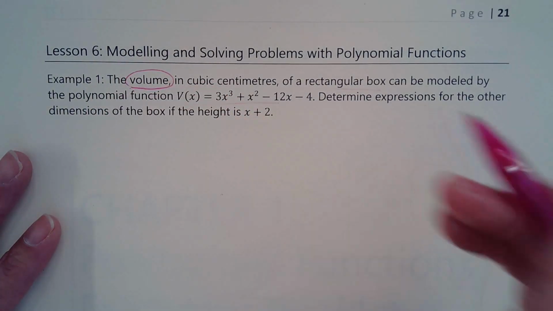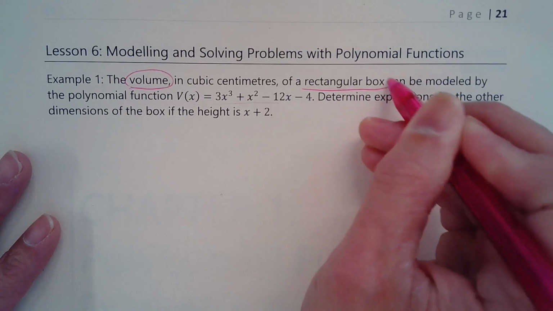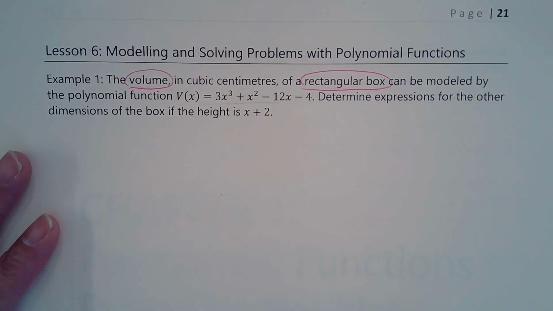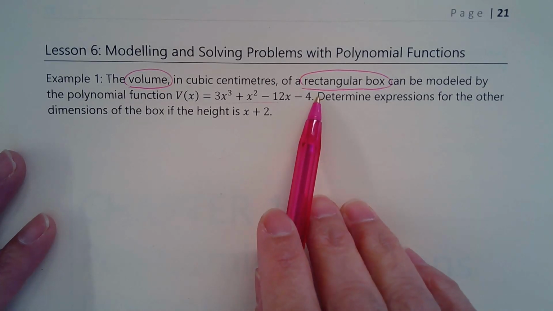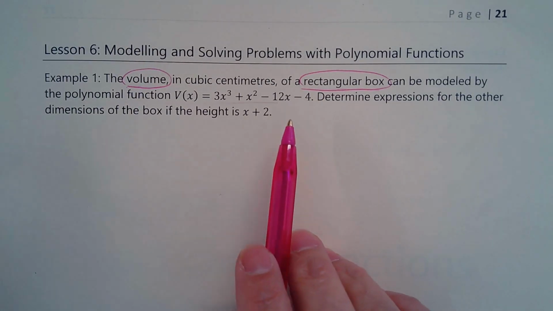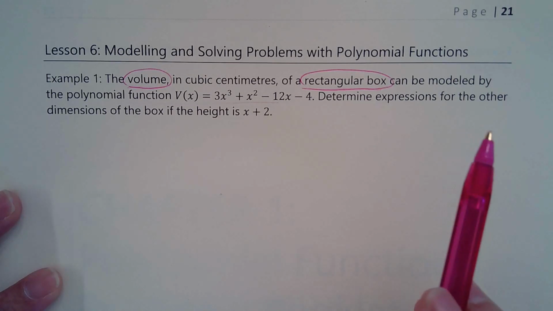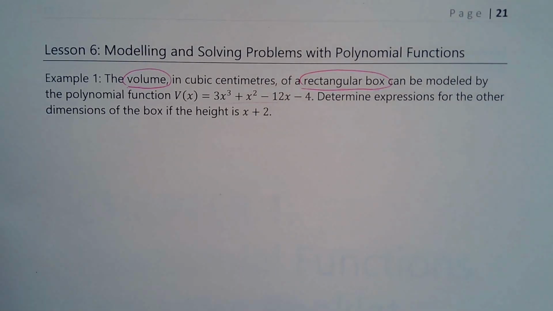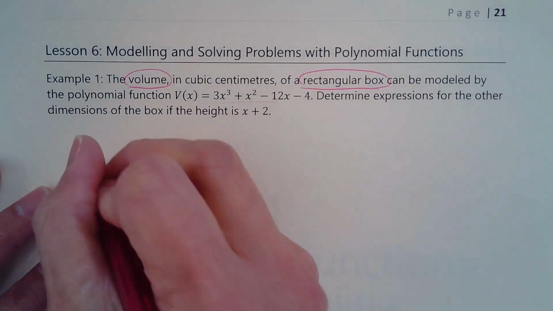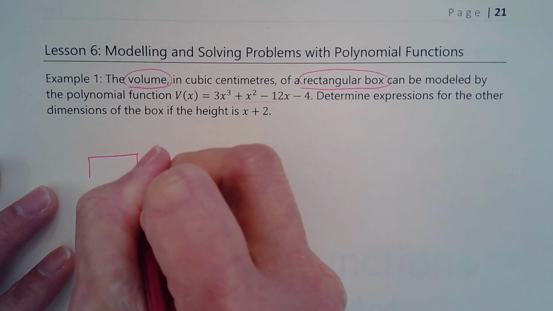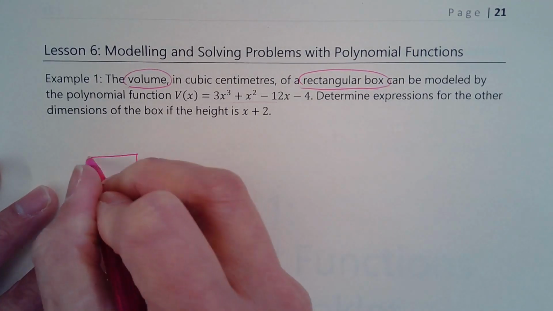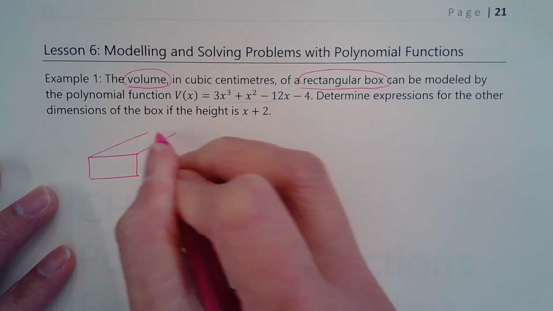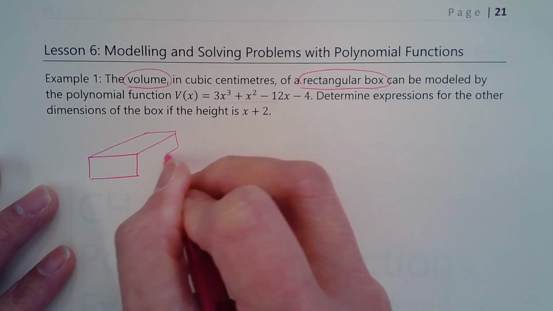Volume, rectangular box. So when we look at the rectangular box, what does that look like? Those opposite sides are equal. So it would be a box looking like this, right? Just a typical box.